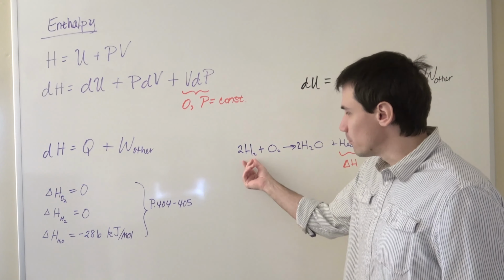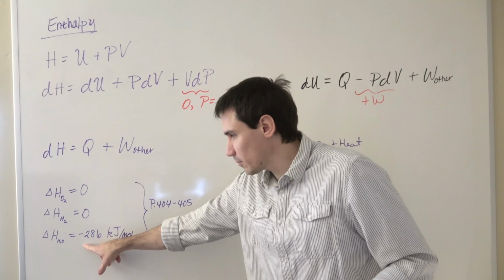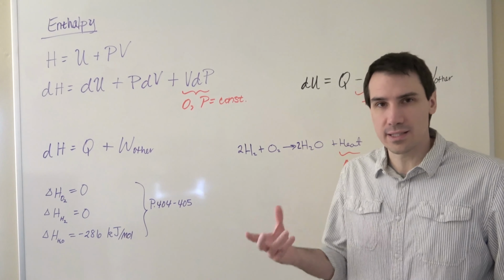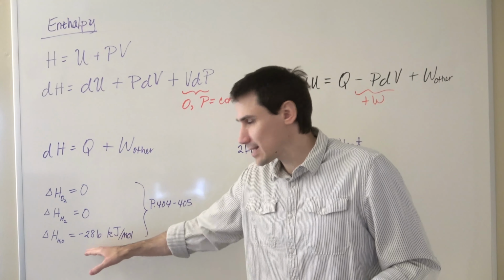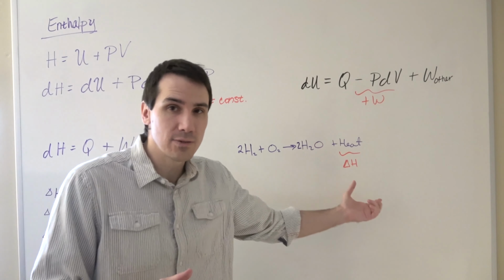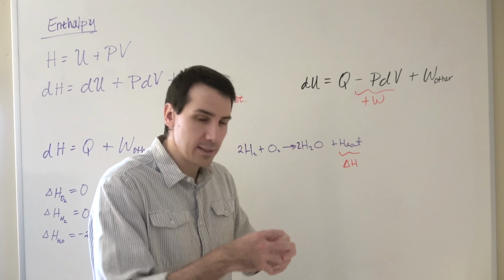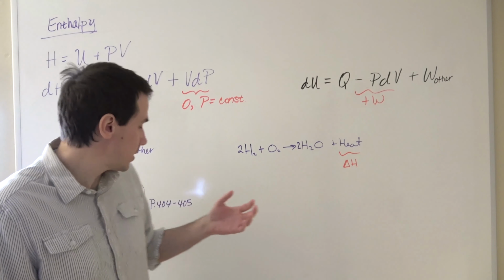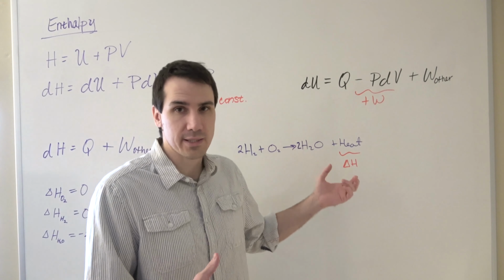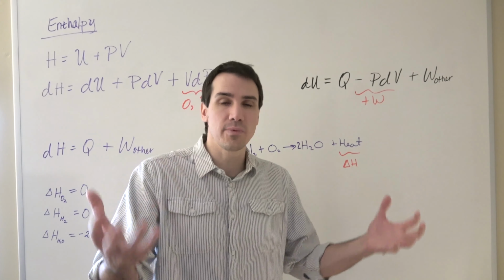So when we combine those two atoms to get H2O, the change in enthalpy is negative 286 kilojoules per mole. The minus sign means that we are giving up heat when we do this. So heat is, in a sense, removed from the system by this process. That means that it is exothermic and it's going to heat up the environment.